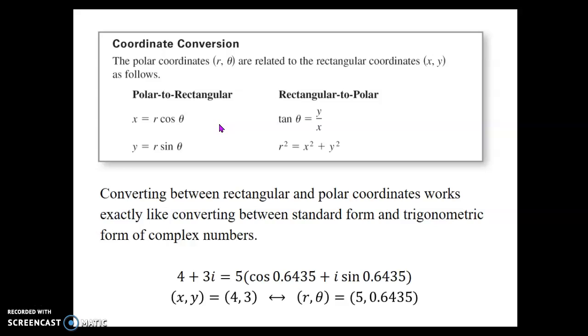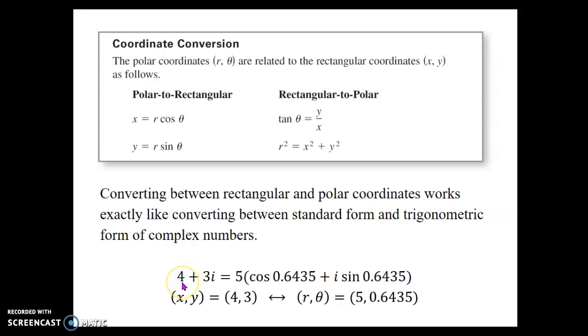If you're converting the other way, it's a little bit more complicated. But we've already talked about those complications back in section 6.5 when we were talking about converting between standard form and trigonometric form of complex numbers.